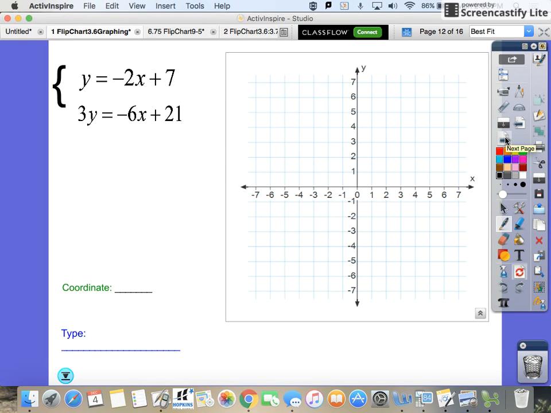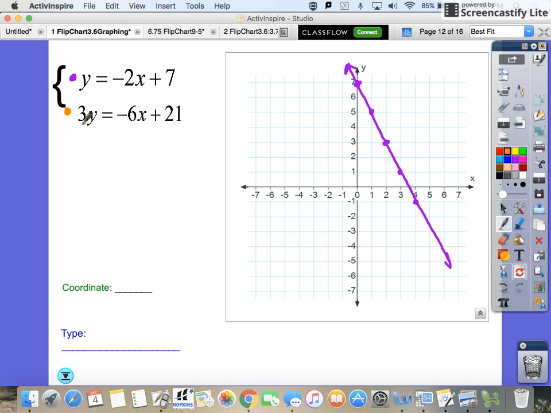All right, next one. This one is going to be purple, and this one I will do in orange. In purple, our y-intercept is 7, and our slope is -2. So we're going to drop 2, run 1, and repeat. Now, in orange, the problem here is we have this 3.